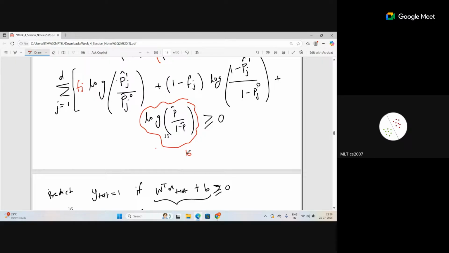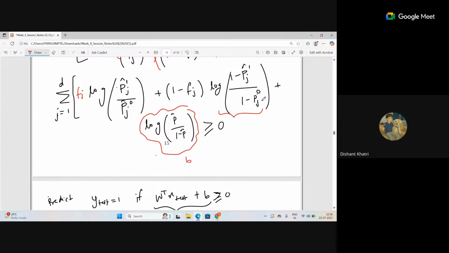Now, one more thing you'll have to see. What about this part, 1 minus fj?